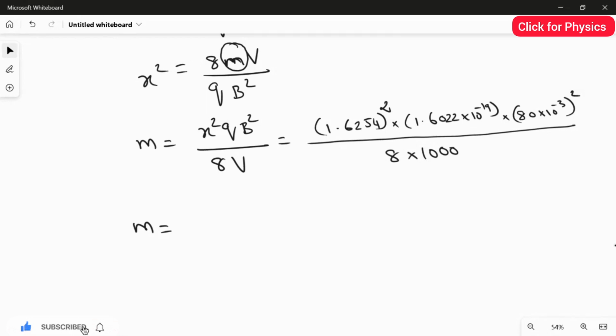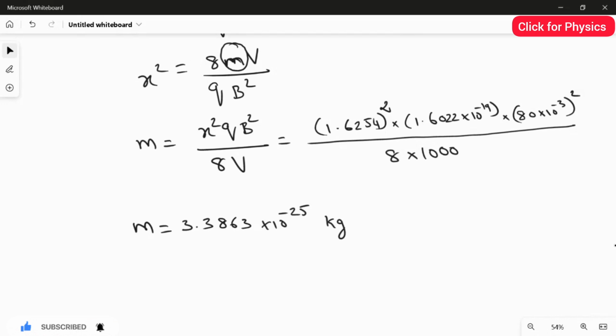So I got the answer here as 3.3863 multiplied by 10 power minus 25 kilograms. So this is the answer.